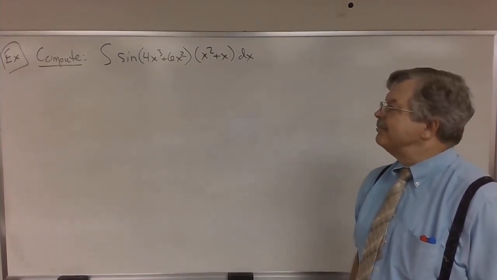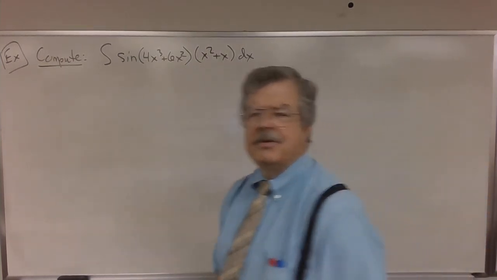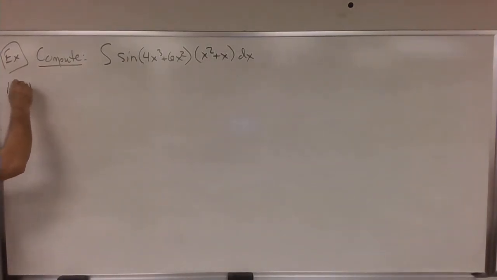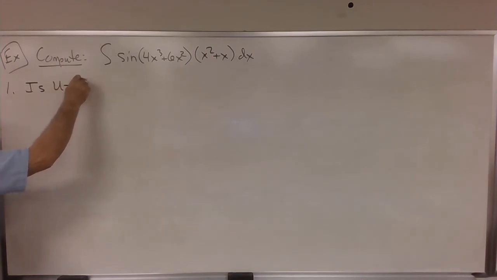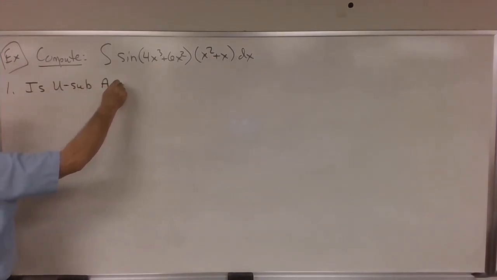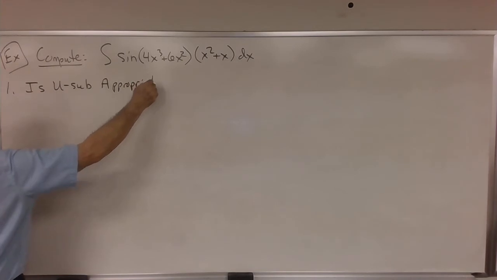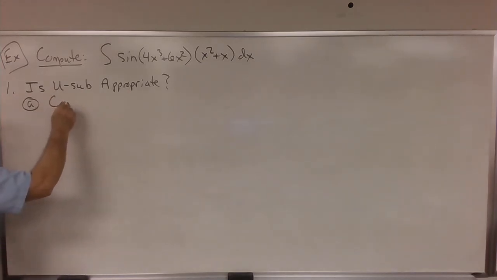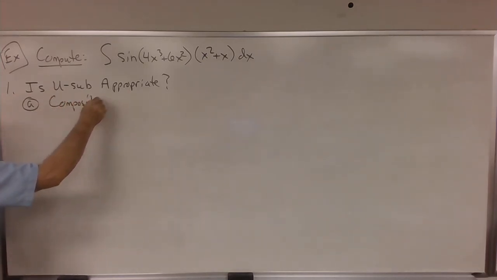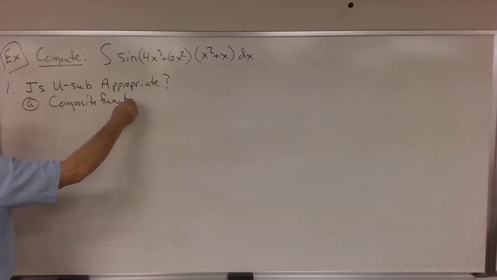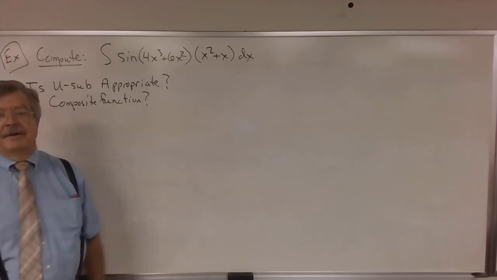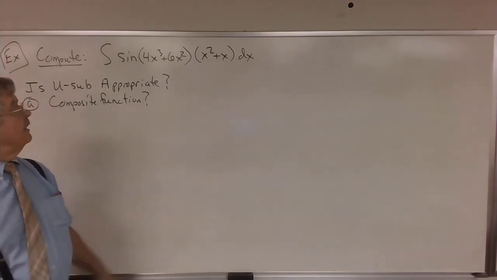Okay, another example. Is U-substitution appropriate? Criterion A looks for a composite function. Do we have a composite function here? Yep.